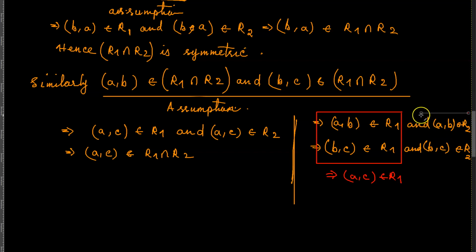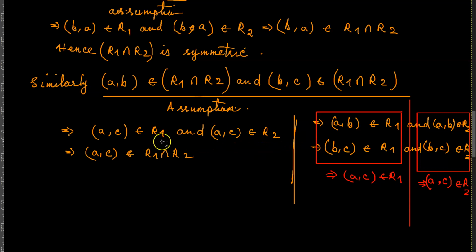And when (A, B) belongs to R2 and also (B, C) belongs to R2, that implies that (A, C) belongs to R2. So over here we are writing the same things: (A, C) belongs to R1 and (A, C) belongs to R2.